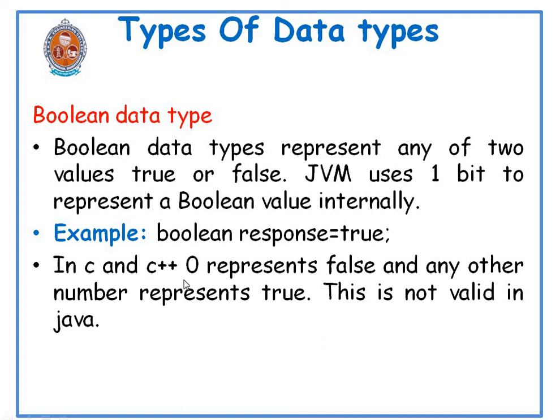In C and C++, 0 represents false and any other number represents true, but it is not valid in Java. In Java, a boolean variable can take only true or false values. It cannot take 0 or other numbers.